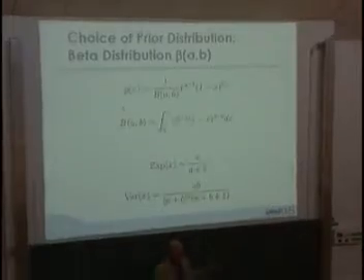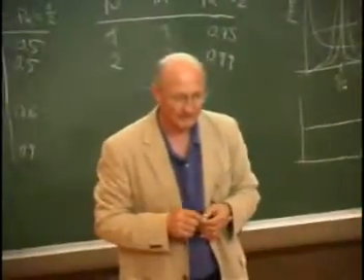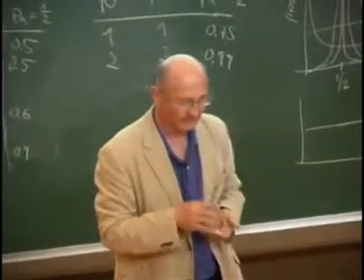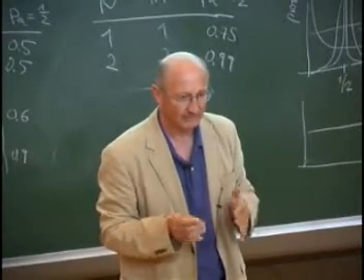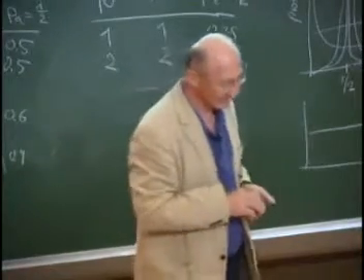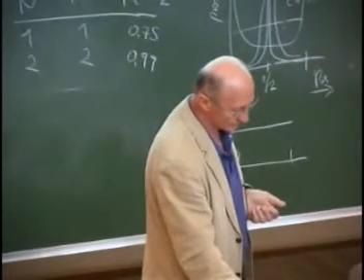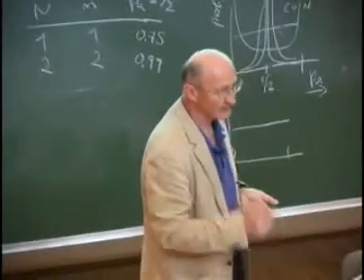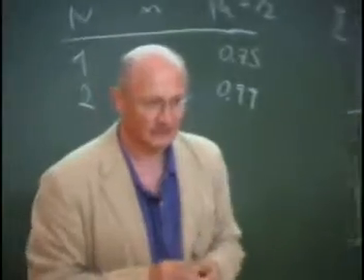They are often used because they have a nice mathematical property: when you update a beta distribution with a Bayes update, you again get a beta distribution with different parameters. You stay within the same family of mathematical formulas. We are not going to go into all that, but in the end, we have these formulas that are very useful in machine learning, including tree pruning.